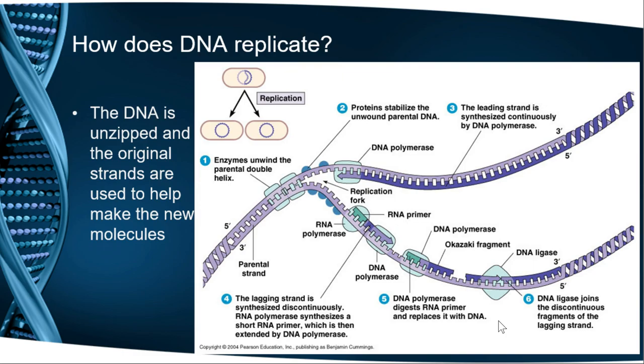Okazaki fragments are the discontinuous fragments on the lagging strand. You need to know the name of the leading strand. You need to know that we're read 3' to 5'. We grow on the 3' end of the new strand, and that a bunch of enzymes and proteins are responsible for unzipping and stabilizing the opening strand. And that is DNA replication in a nutshell.